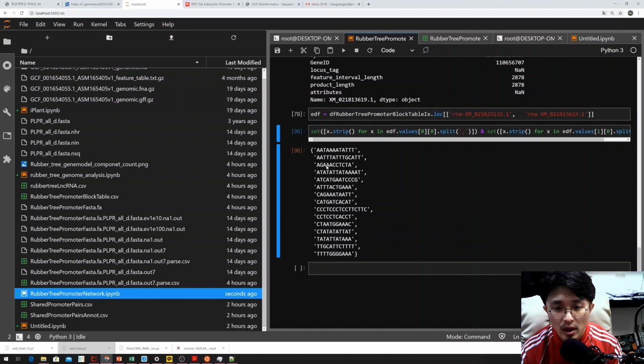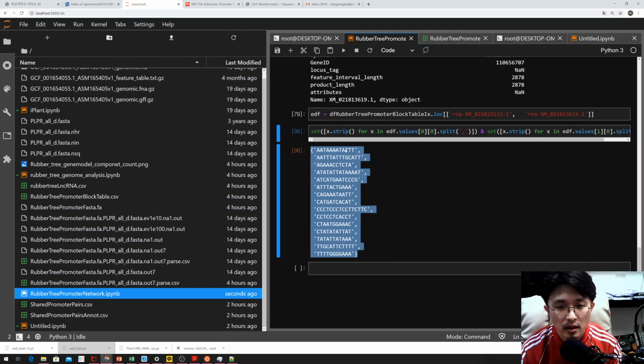But it was really hard to check if this is right or not. We can see by eye, maybe this is a TATA box or maybe it is something else. Actually, I have no idea what the typical form of promoters is.